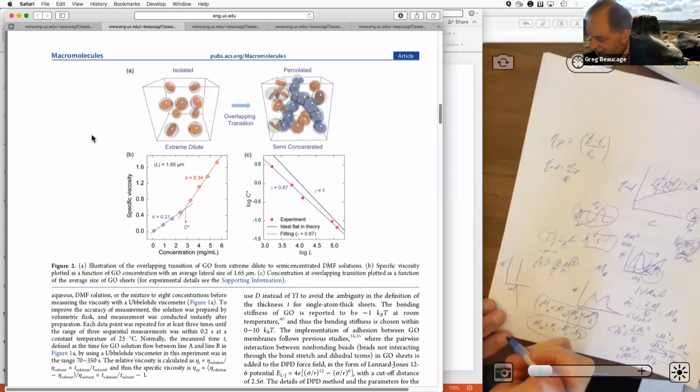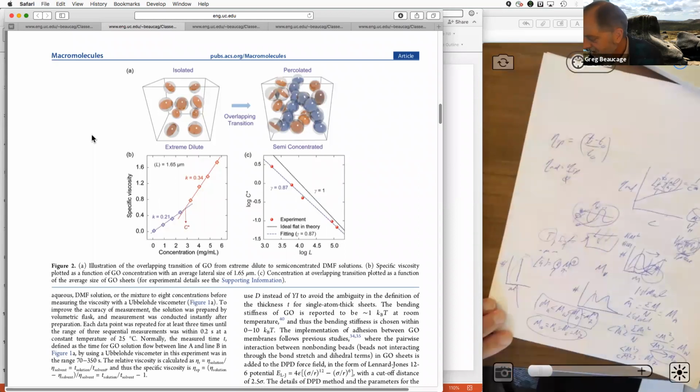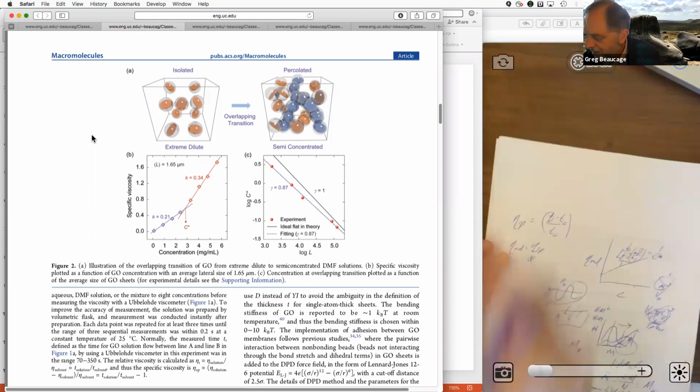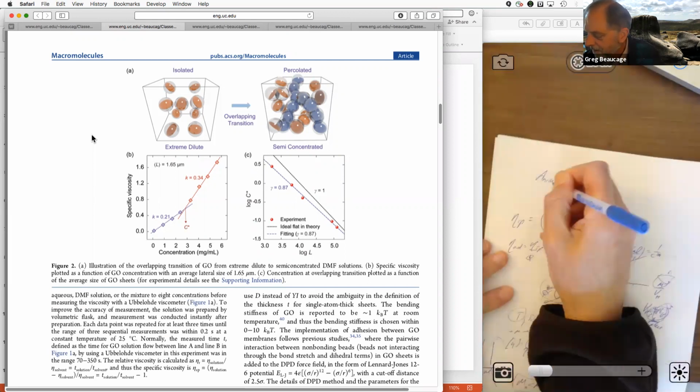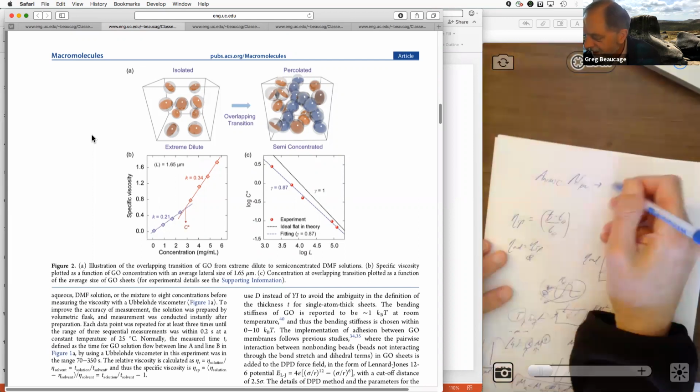So when do you get monodisperse? You can make monodisperse polymers. You can synthesize them by anionic polymerization and get something close to monodisperse. If you take Mw over Mn, then for monodisperse that ratio will be 1 because all the moments are the same.